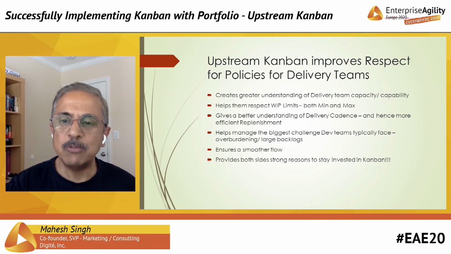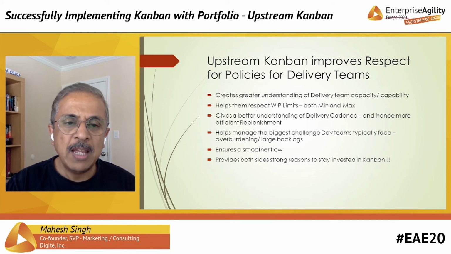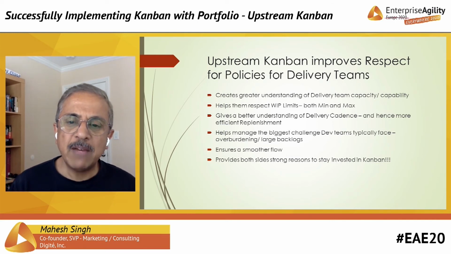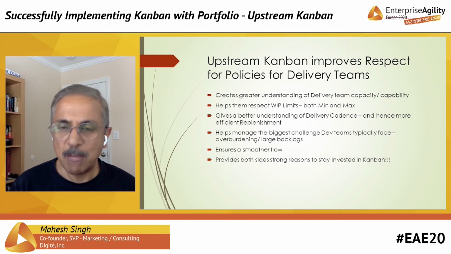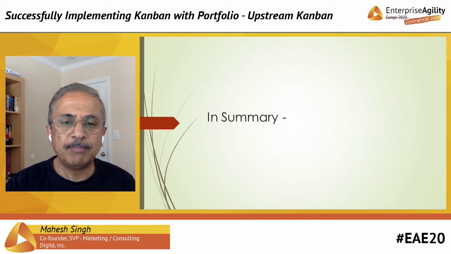How often can delivery teams deliver and therefore do replenishments far more effectively? Helps them understand some of the biggest challenges dev teams face in terms of overburdening and large backlogs, and therefore overall ensures a smoother flow. As a result, both sides have a strong reason to stay invested in Kanban. And I think that is the big benefit that we see in Kanban.